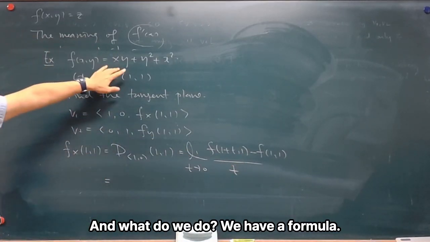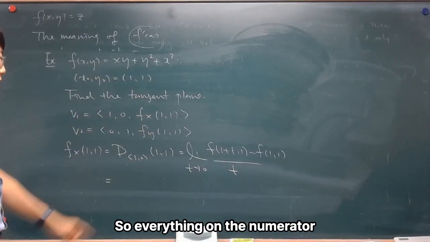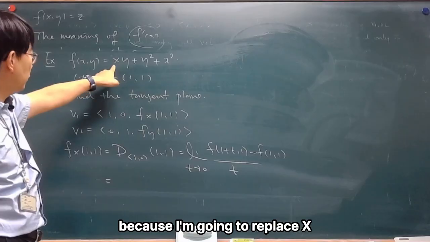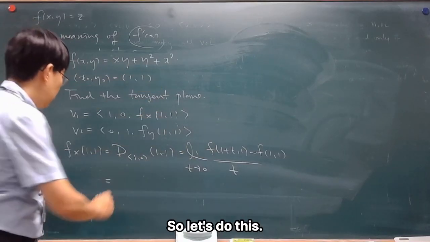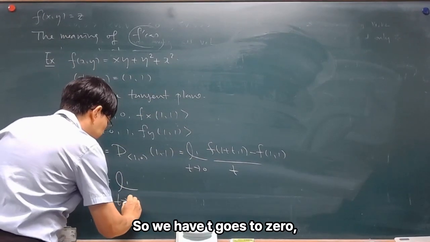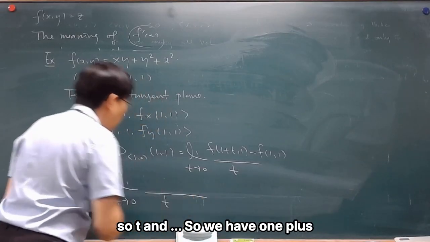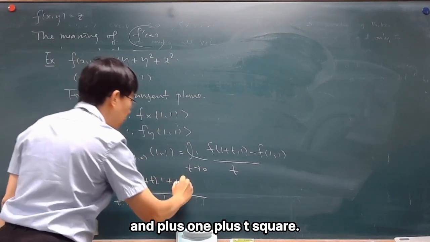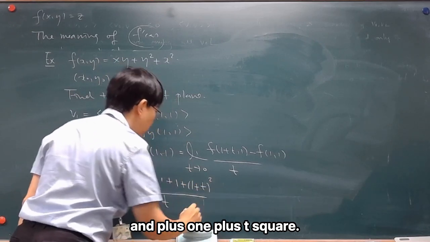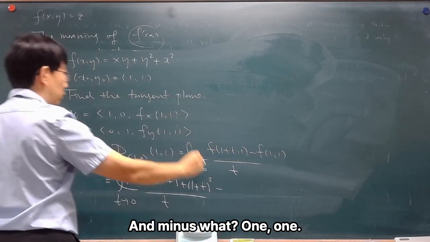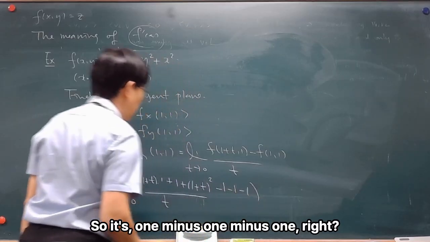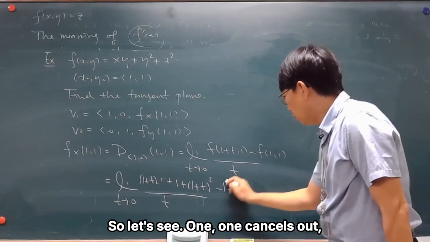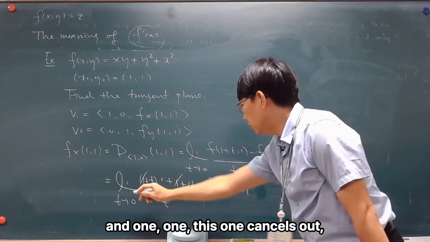And we have a nice formula, so you just plug in there. Everything in the numerator will be just a function of t, because I'm going to replace x by 1 plus t and y by 1. So let's do this. We have t goes to 0, and we have 1 plus t times 1 plus 1 squared plus 1 plus t squared, and minus f of 1, 1. So it's 1 minus 1 minus 1, right? So let's see, the 1, 1 cancels out, and this one cancels out.